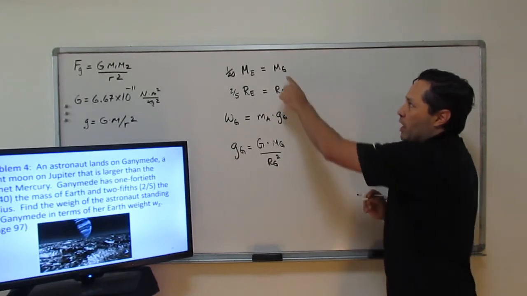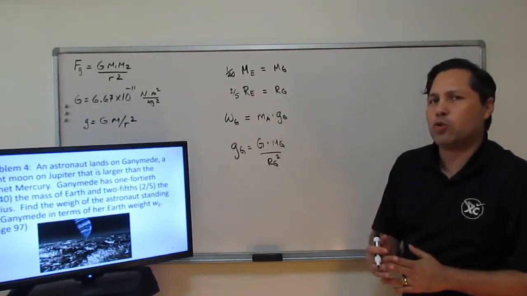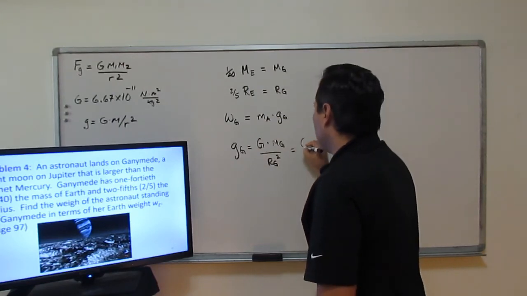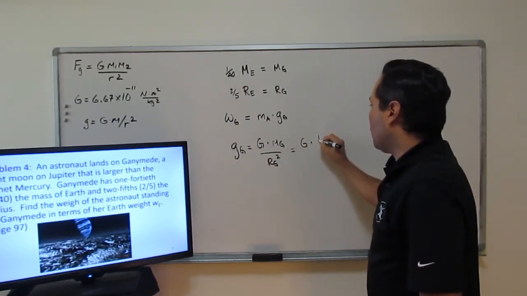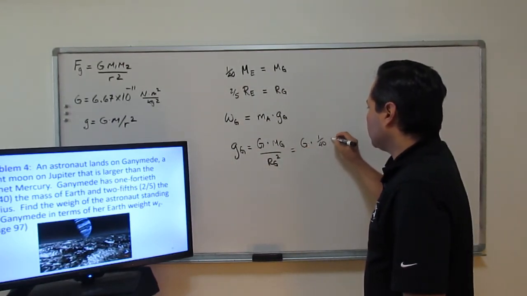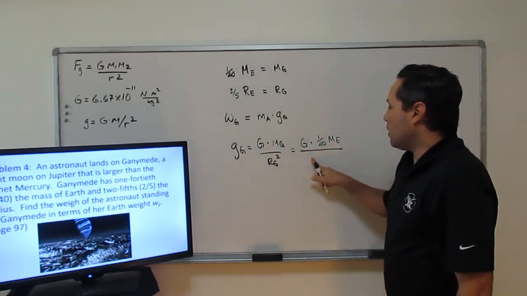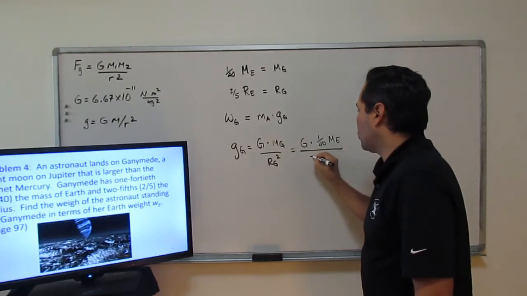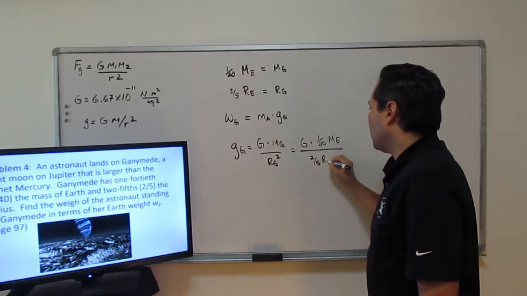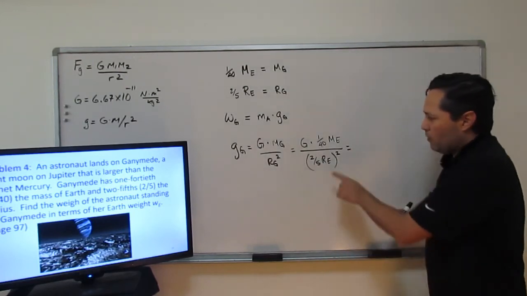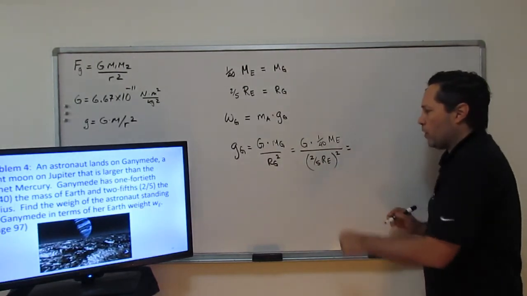Now we're going to plug in the values because we want to compare it to Earth. The mass is 1/40th of the mass of Earth, so I'm going to put G times 1/40 mass of Earth divided by the radius, which is 2/5 radius of Earth, and the whole thing is squared. I'm going to take care of the squaring first.